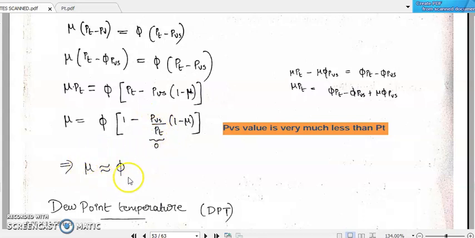So we can say that degree of saturation is almost similar to relative humidity, or in a way, relative humidity can be assumed similar to degree of saturation mu.